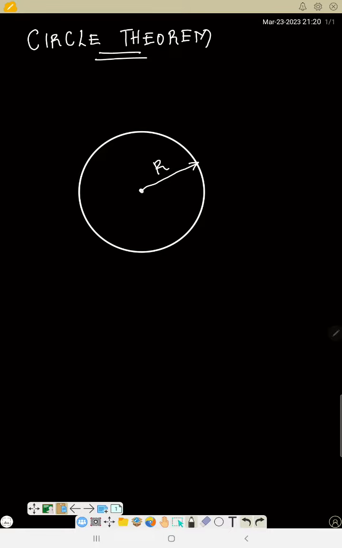If I have another radius like this, all these points are what you should note first in circle theorem. If I have another one like this, it is another radius. Note that radii of circles are always equal. If this forms a triangle, take note, then this triangle is an isosceles triangle, meaning the base angles will be equal.